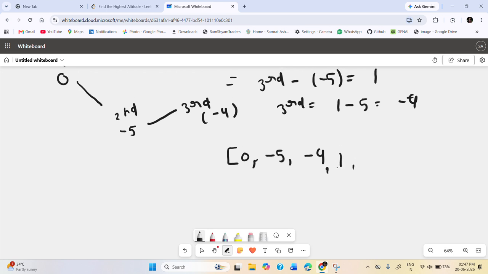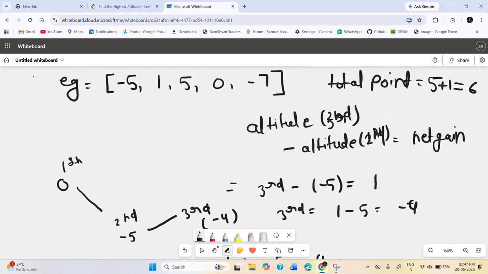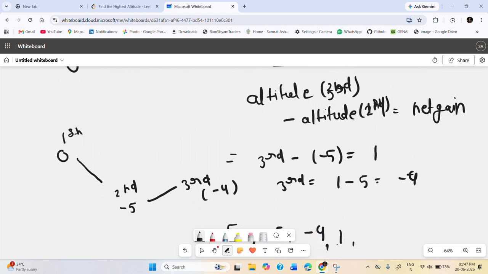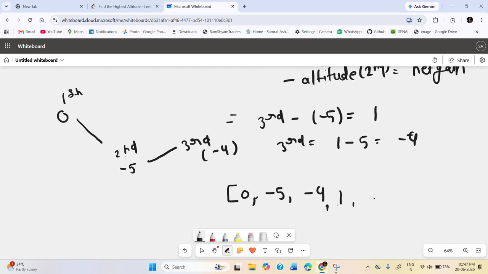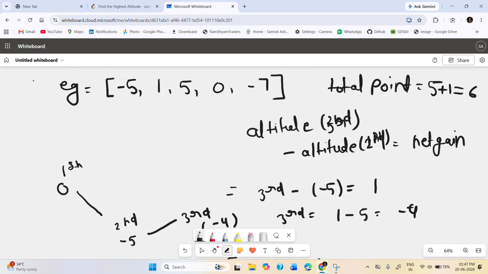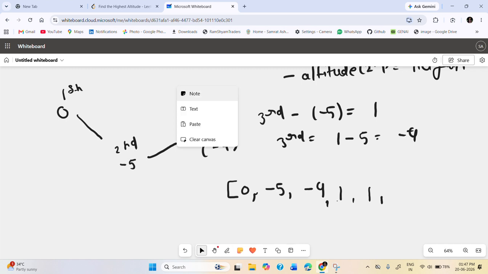So the fourth point altitude will be 1. And again the biker goes from the fourth to the fifth point, the net gain is 0. It means it is at the same altitude, so again 1. And when the biker goes from the fifth point to the sixth point, the net gain is minus 7. It means it is going downside. So minus 7 plus 1 will be minus 6.